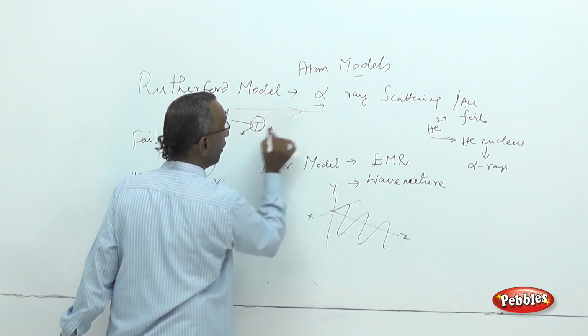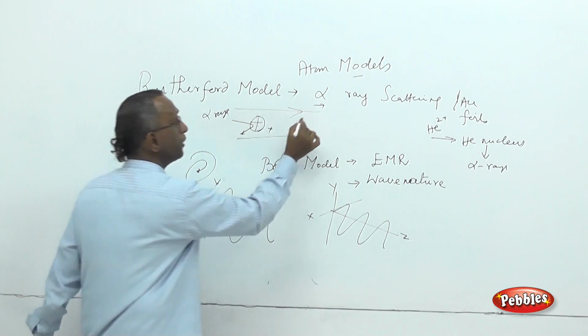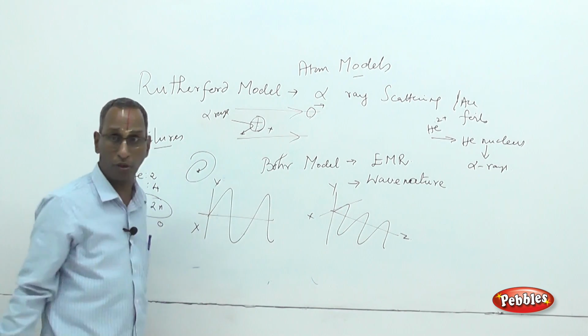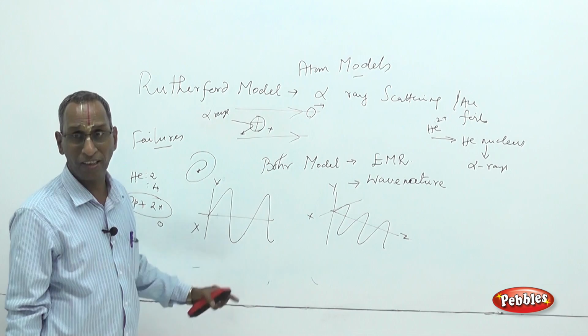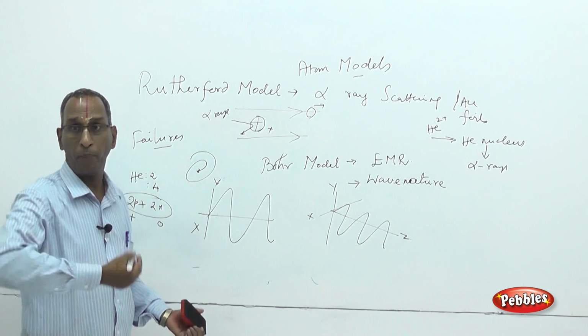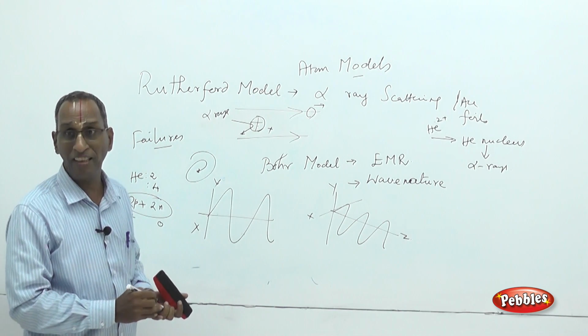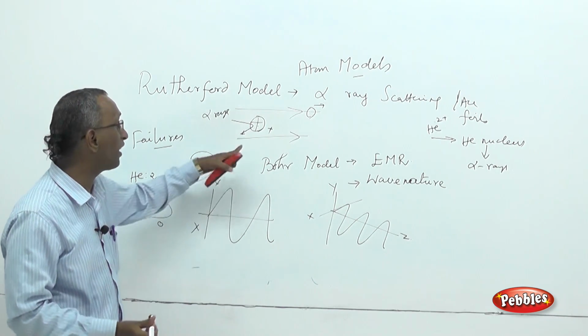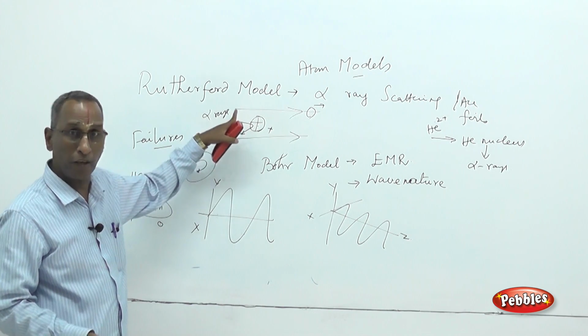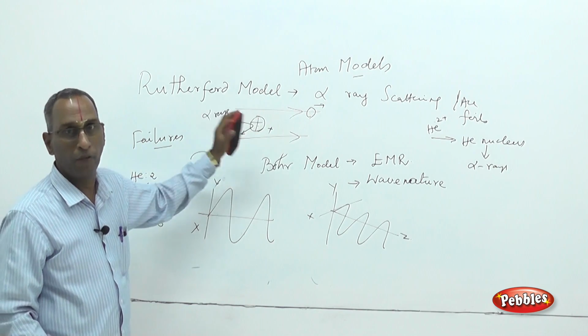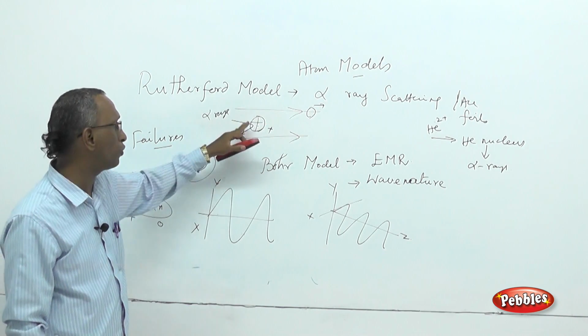If the alpha rays are continuously traveling, that region is made up of negative charge, because opposite charges attract each other. So in certain regions, alpha rays pierced into the gold foils, and in certain regions, alpha rays were deflected. The deflected rays he was able to collect using applied positive charge, negative charge, and so forth.